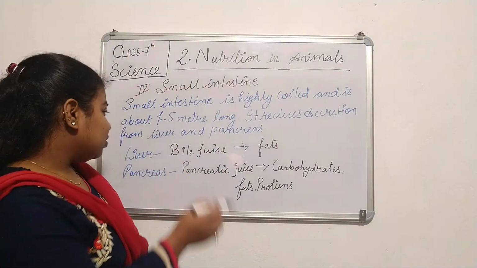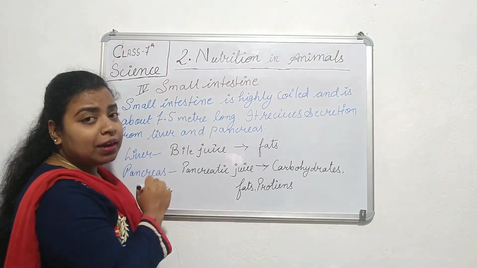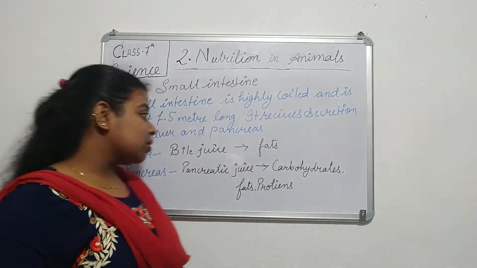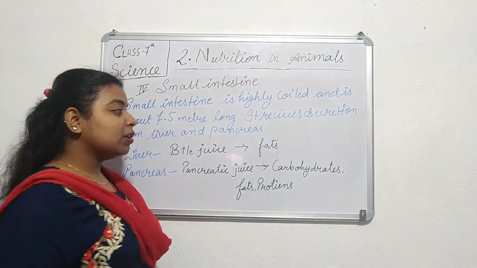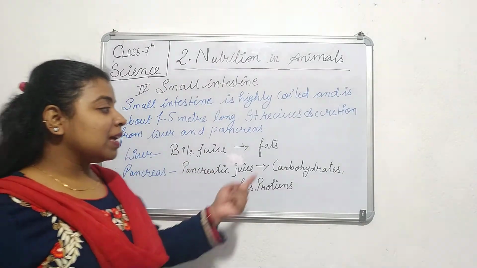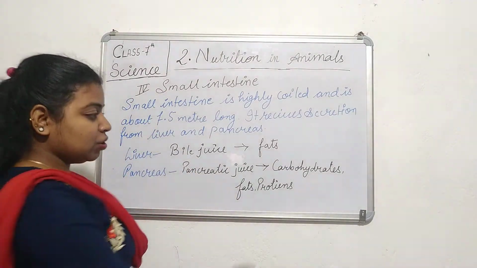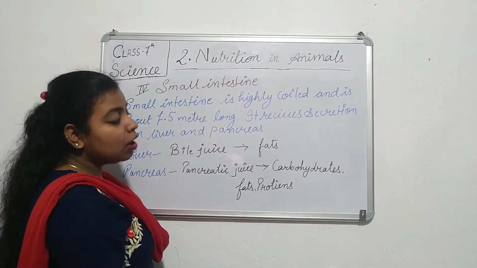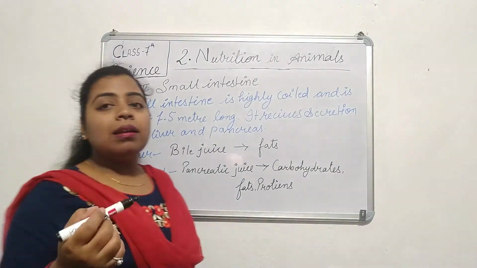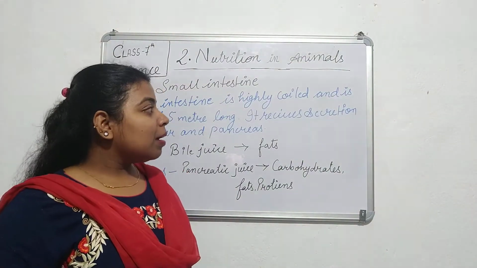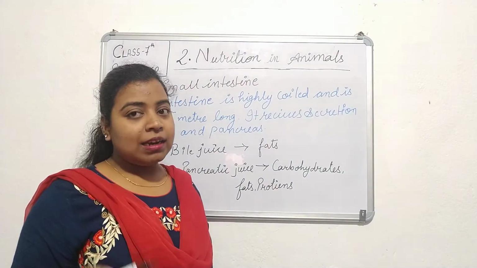As I have told you, the liver and pancreas release their secretions in the small intestine, which are bile juice and pancreatic juice. Bile juice helps in the digestion of fats, and pancreatic juice helps in the digestion of carbohydrates, fats, and proteins. There is another secretion in the small intestine, which is by the intestine itself.